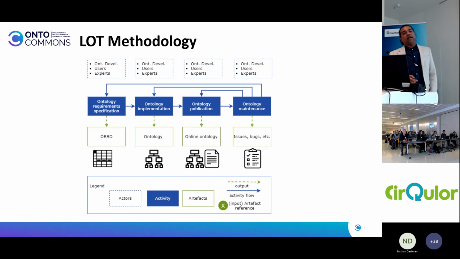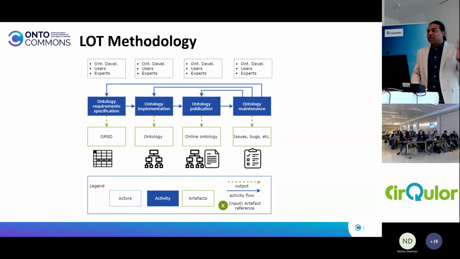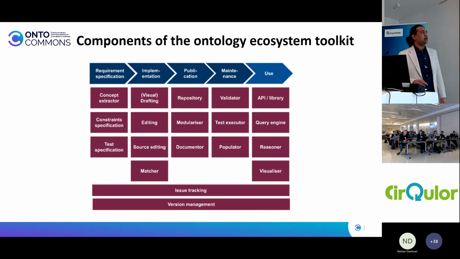Okay, now enough about ontologies. As I said, the OntoCommons ecosystem also has methodologies and tools which can help you in harmonizing ontology engineering. So in terms of methodology, we adopted the LOT, Linked Open Terms methodology, but of course we have given our input on that, and it has been enhanced a little bit.